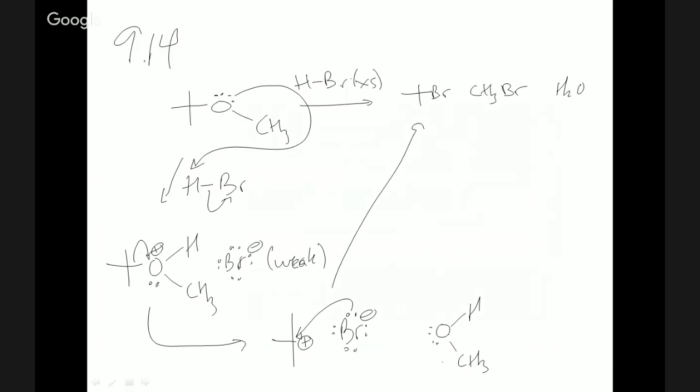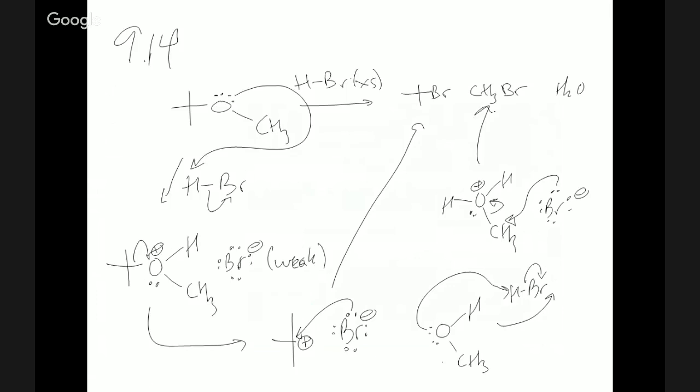Now, we've already seen this. This is a combination of mechanisms. We've already seen this mechanism. If you add HBr to methanol, what do you get? Dissociation. And now the only option is SN2. Br minus attacks the carbon, kicks out water.